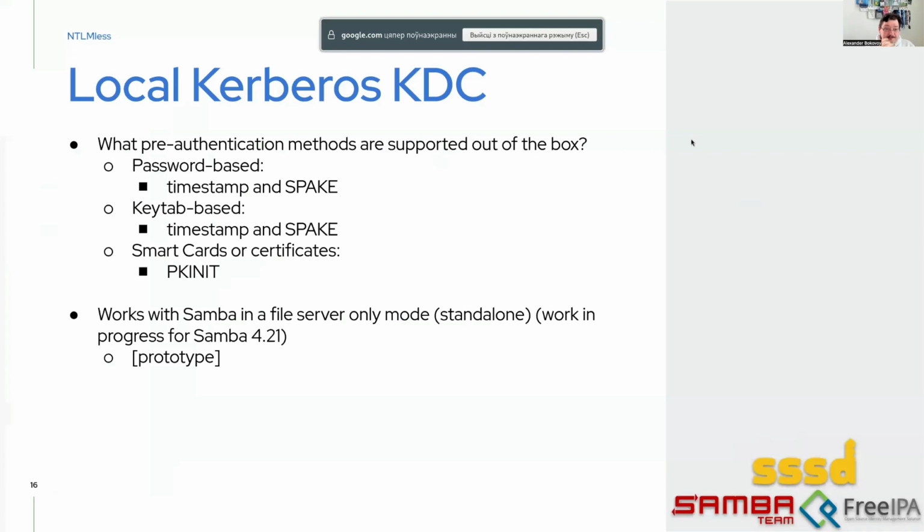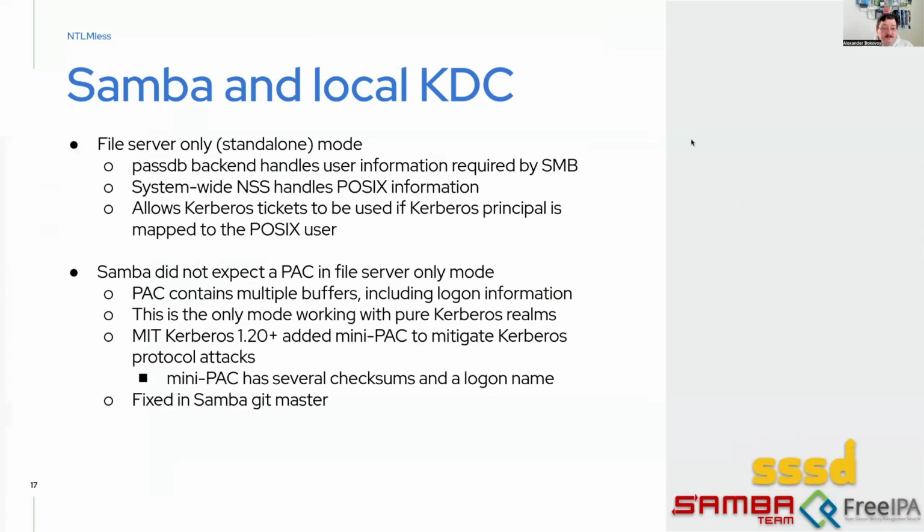Well, in the file server standalone mode, what you get is a combination of backends in Samba. So passdb handles user information. In this case, I didn't create any additional information for this user, so it's a very basic one.